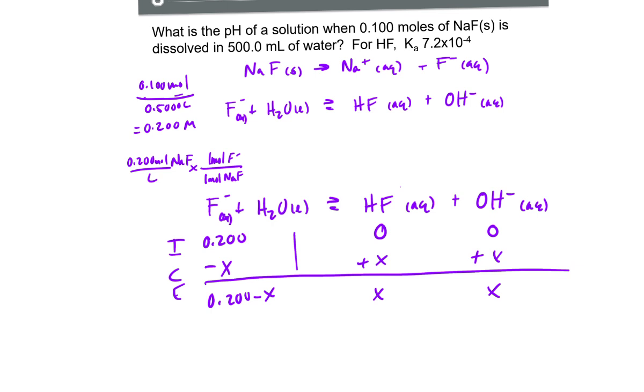Because we're using F minus, the conjugate base, we need to use the Kb value for this equilibrium constant expression. Okay. Kb is going to be equal to the Kw divided by the Ka, 7.2 times 10 to the minus 4.